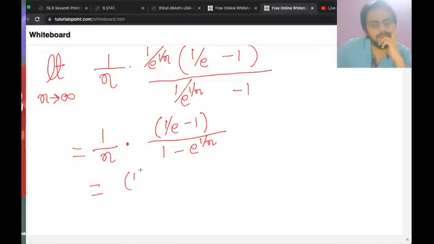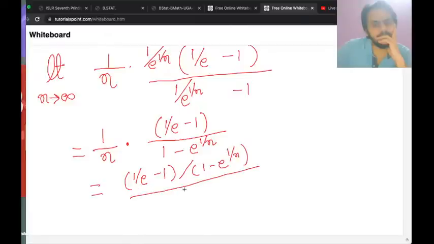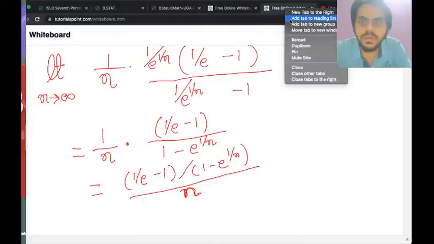Over here you can say that this is 1 minus 1, which is 0, and 1 by 0 is infinity. So this is the infinity by infinity form. Let me make another board to accommodate this.